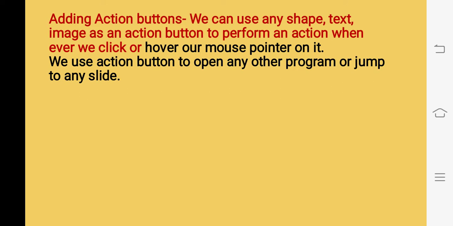So we can use action buttons in our presentation to make it more effective and attractive, and we can take any shape, text, or image as an action button. Whenever we click, or hover our mouse pointer over the button, it opens a program, or we can just open other slides of the same PowerPoint presentation.